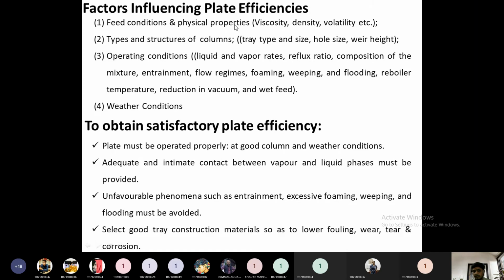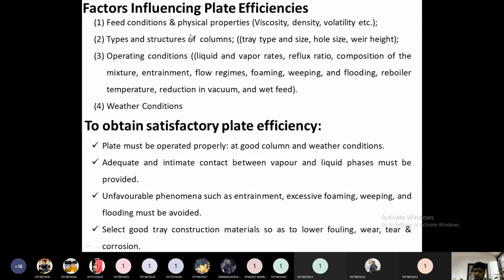Then the physical properties of the particular liquid acting as the feed: density, viscosity, volatility, surface tension, everything comes under physical properties. You have to study what the physical properties are and their effect on column operation.